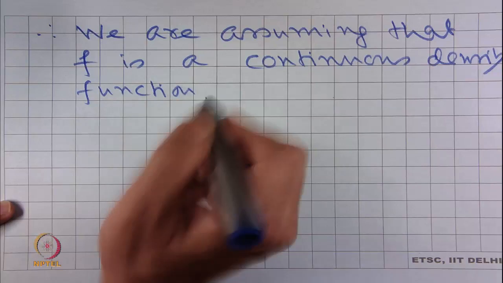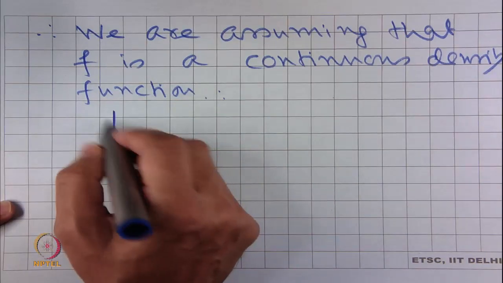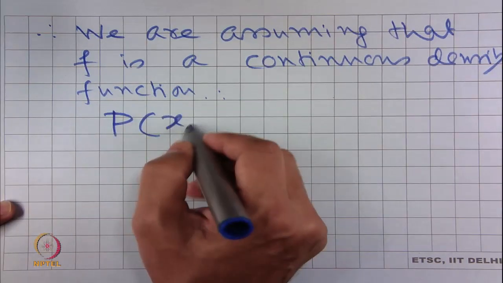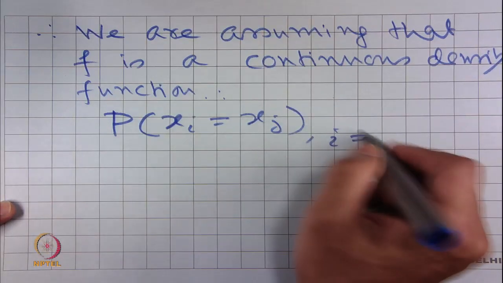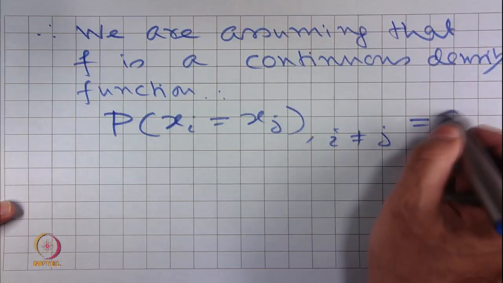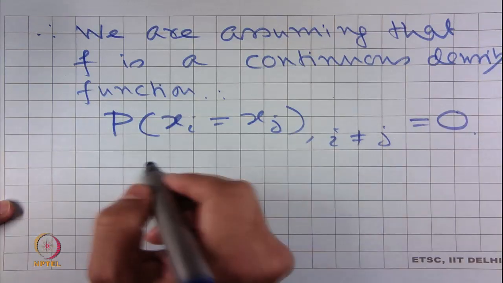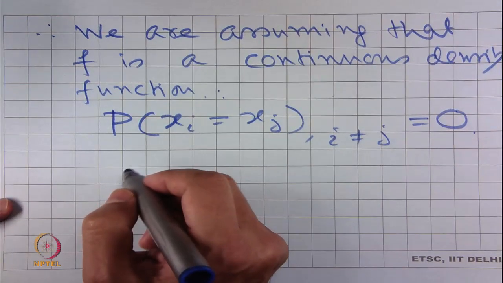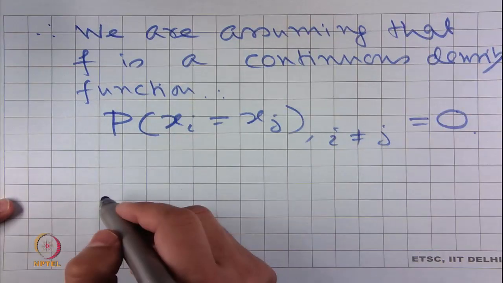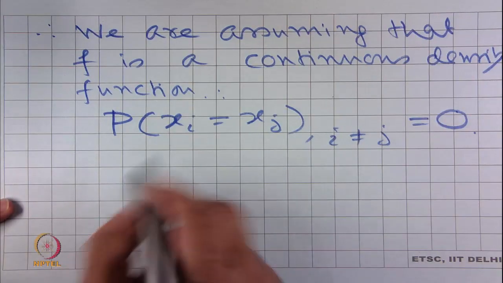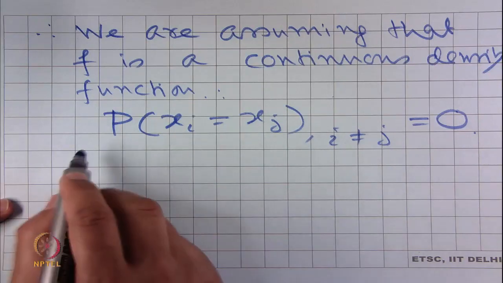What does it mean? It means that probability x i is equal to x j, i not equal to j, is equal to 0. So, we have x 1, x 2, x n as observations from a continuous density function f x.